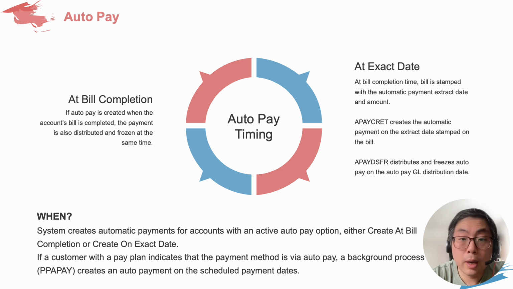You can also do that on exact dates if that's required by the bank. If a customer with a payment plan indicates the payment method is autopay, a background process creates autopay on the scheduled payment date.